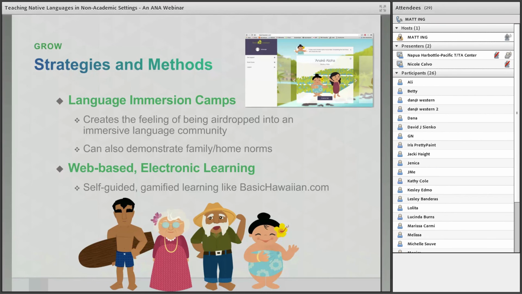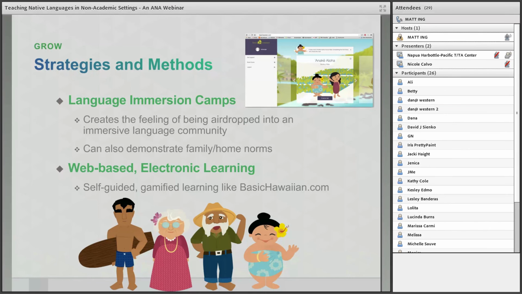And so I've seen participants in language immersion camps just start crying because they never heard their mother, their grandmother, their great grandmother speak. And it's because in their household they only spoke English. And given the right situation, they were able to come out of their shell, if you will, and speak a language that they were raised in and that they were very comfortable in.